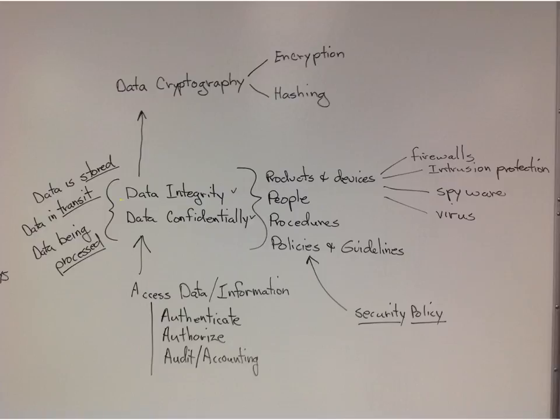Here's where we started out. We started out talking about data. Data cryptography. We talked about data being stored, data in transit, data being processed, accessing data and information, and so forth.